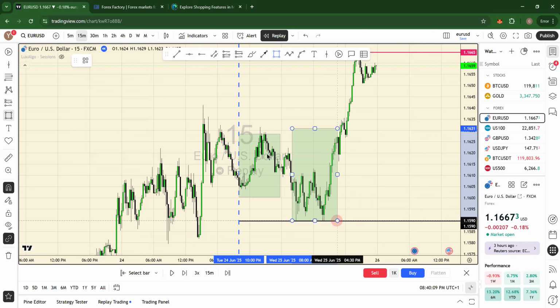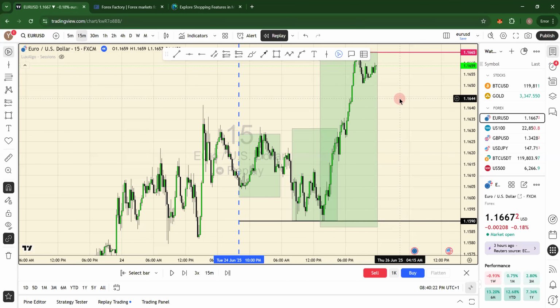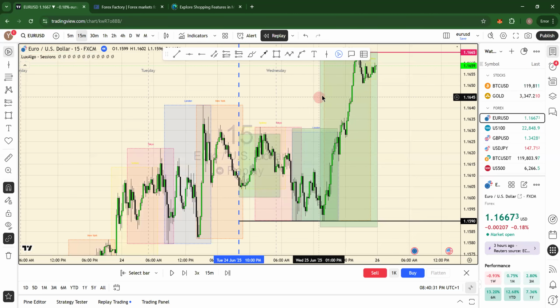Now, if you look here, you notice that within that London session, there was a manipulation. And then the overlap between the New York session and the London session is another area with high volatility, which is due to two sessions with high volume overlapping together. All right. Now, if I unhide the sessions, you'll see that is exactly what happened.